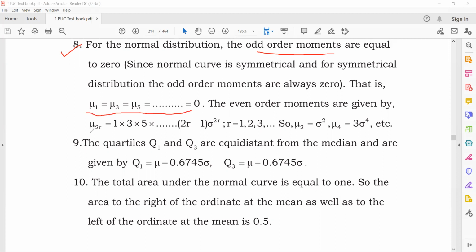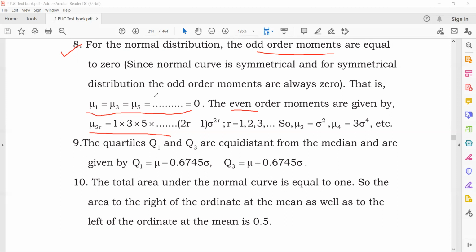They are classified into odd cases and even cases. Odd cases are mu1, mu3, mu5. And since the normal distribution is symmetric, x minus x bar whole cube, whole power 5, whole power 7, the total always becomes 0 because of the property of the mean, sigma of x minus x bar is equal to 0.